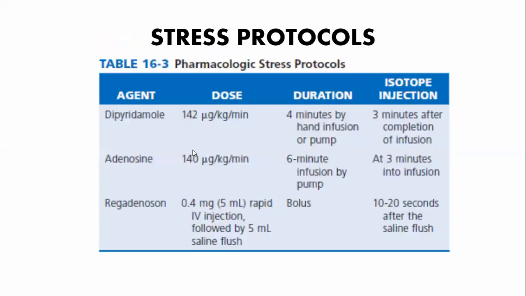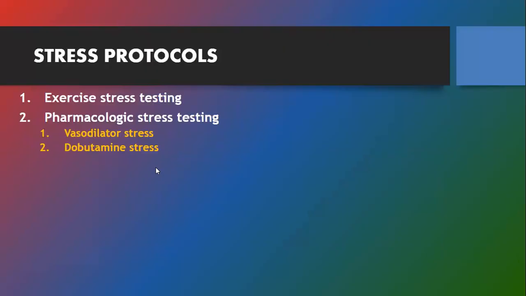So these are the three agents, as sir already discussed. Adenosine has to be given as an infusion, and Regadenoson is a single bolus dose. Then moving on to the other one, dobutamine. If a patient has active vasospasm or a history of airway reactive disease, adenosine and dipyridamole can provoke it.